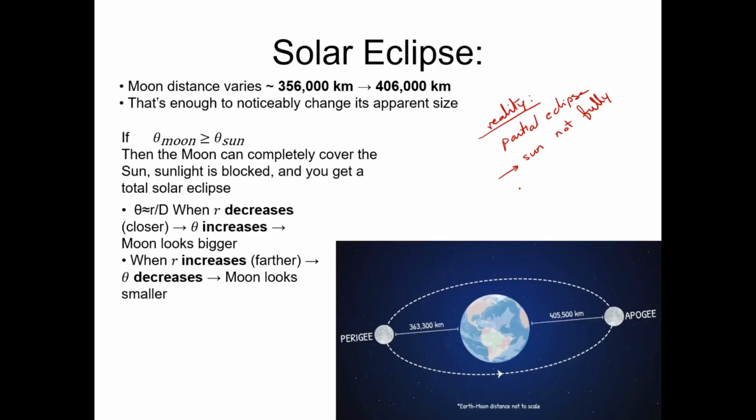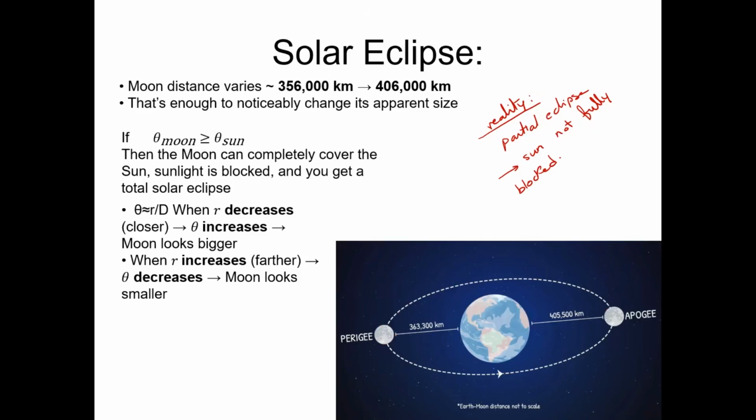Why is that? Because in reality, the moon doesn't move in a perfect circular path around Earth. It actually moves in an ellipse. So this elliptical path will be changing its distance to the Earth as the moon rotates around it.